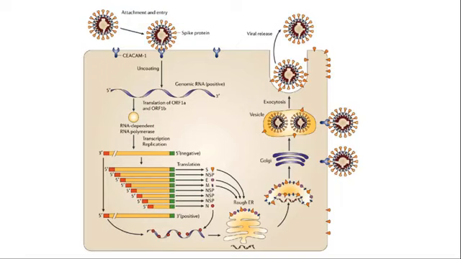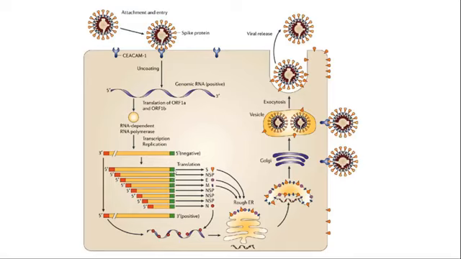So it binds to the receptor, the virus goes in, and it uncoats, releasing its genomic RNA. This is a positive sense RNA virus. From the RNA, the RNA-dependent RNA polymerase enzyme makes more RNAs, negative sense RNA, and that converts to positive sense RNA.